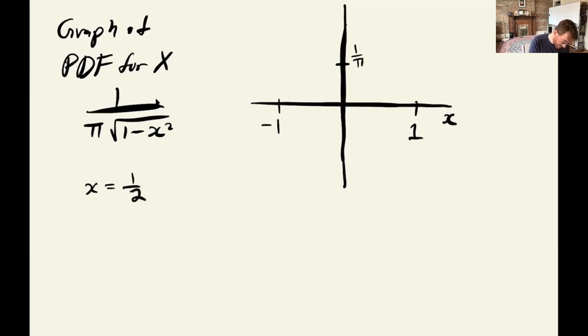Well, if we just plug it in, we get a fourth. And so then we're looking at 1 over pi square root of 1 minus a fourth, which is 3/4. And let's just go ahead and get an exact value for that. So 1 divided by pi times square root of 3/4.